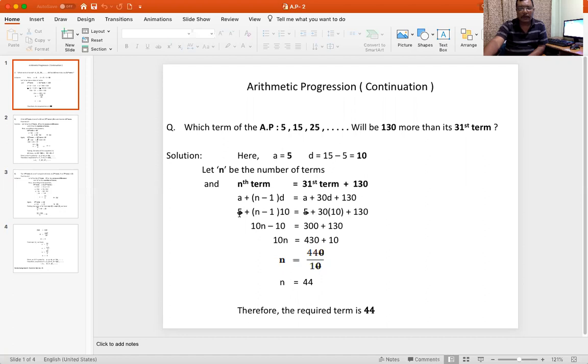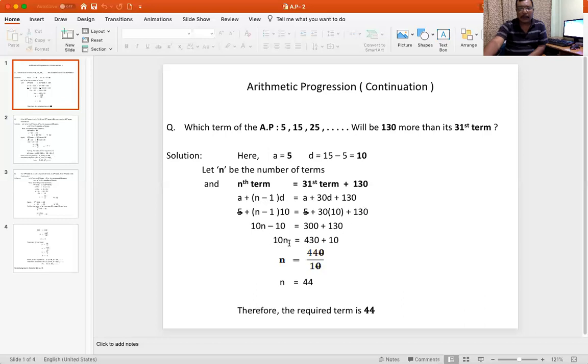Now here 5 and 5, they are cancelled because they are on either side of the equality and they are both of the same sign. So we're left with 10 into n is 10n, again minus 10 into 1 is 10. It is equal to, here 30 into 10 is 300 plus 130.